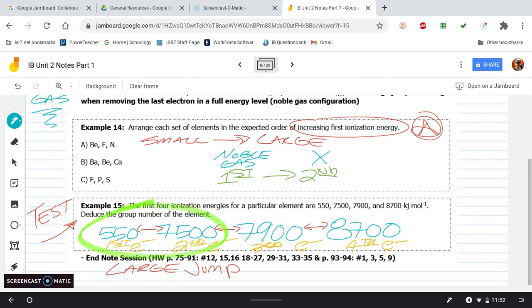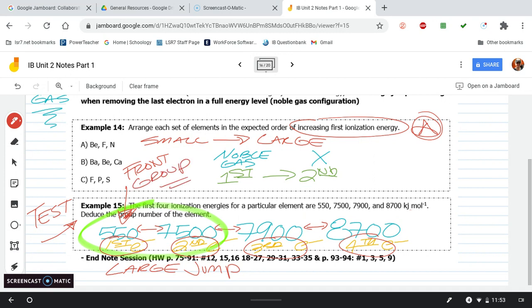So what you do is you look at this, and then you look at 1, 2, 3, and 4, and whatever value is in the front, so this value is in front of the big jump, whichever value is in the front, that is going to be the group that your element came from.